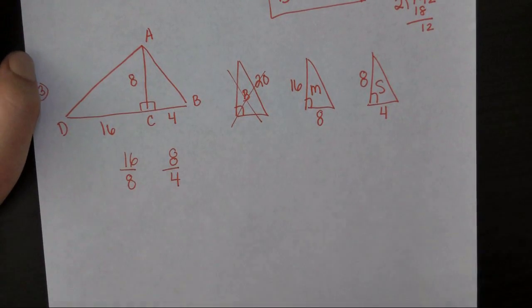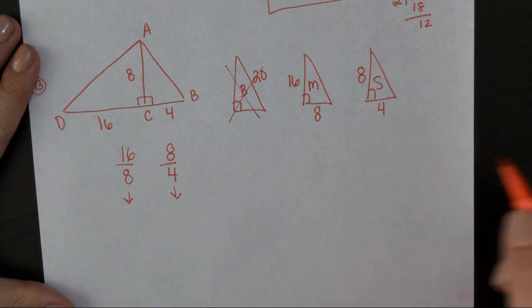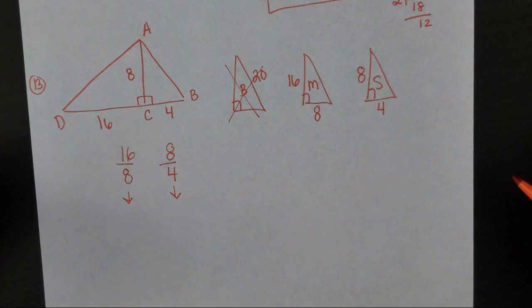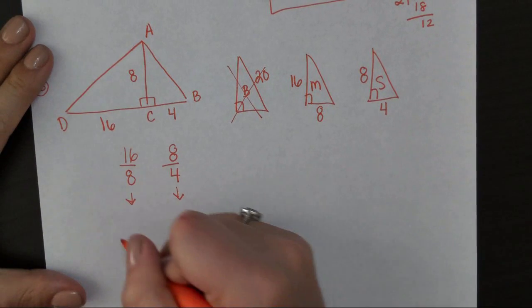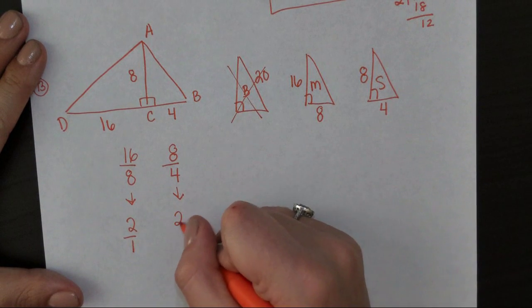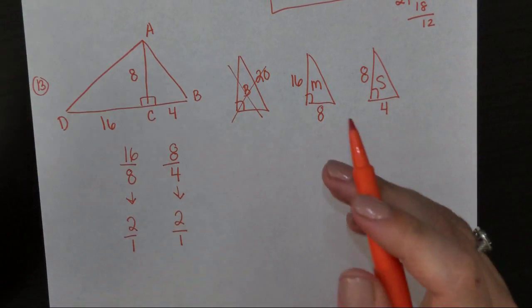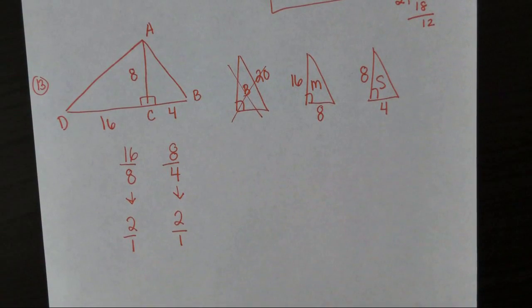One way to do this is to see if these two ratios simplify or reduce to be the same thing. 16 to 8 simplifies to the ratio 2 to 1, and 8 to 4 reduces to 2 to 1 as well. Okay, so these two side pairs have the same scale factor, so they are similar.